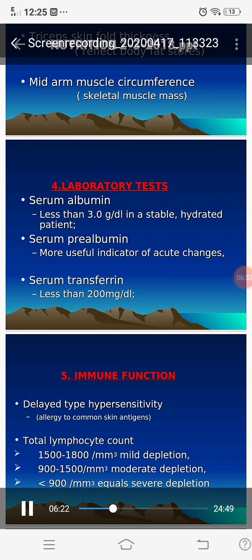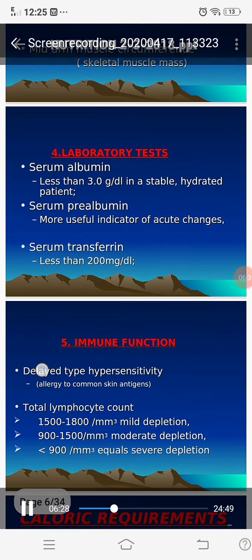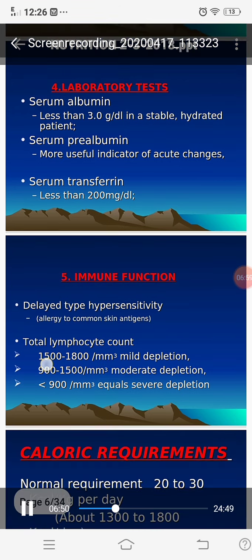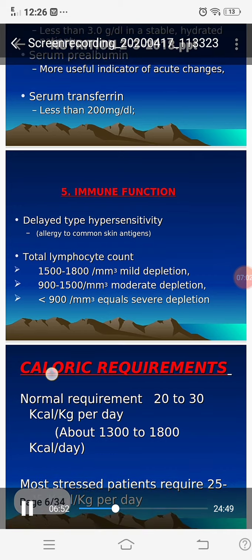So check the delayed type hypersensitivity level and check the lymphocyte count. 1500 to 1800 per cubic millimeter shows mild depletion. 900 to 1500 per cubic millimeter shows moderate depletion, and less than 900 per cubic millimeter equals severe depletion. So the lymphocyte count level will give you some clue regarding the immune function of the patient.